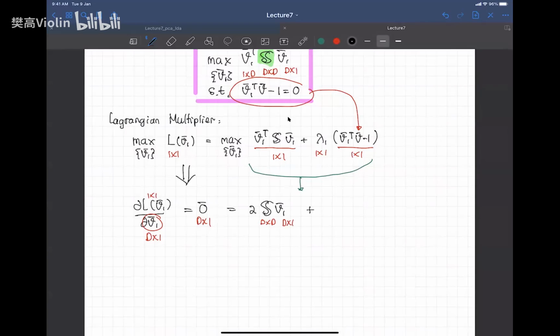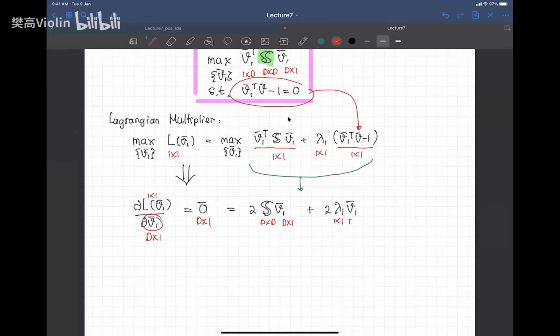Plus, this one is V transpose V, which is V squared, right? V squared means that you have 2 lambda 1 V1 transpose equals 0. Again, this one is 1 by 1.